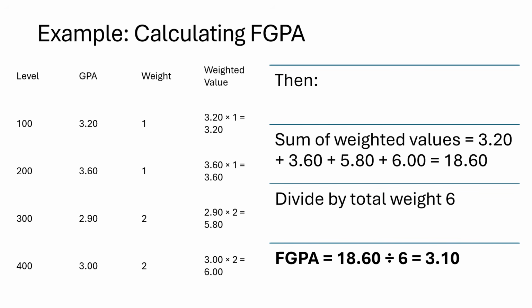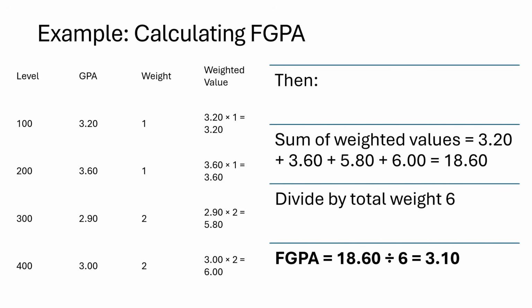Then the sum of the weighted values: all the things you've picked for level 100, 200, 300, and 400, we are now going to add them. So 3.20 plus 3.60 plus 5.80 plus 6.00 is equal to 18.60.